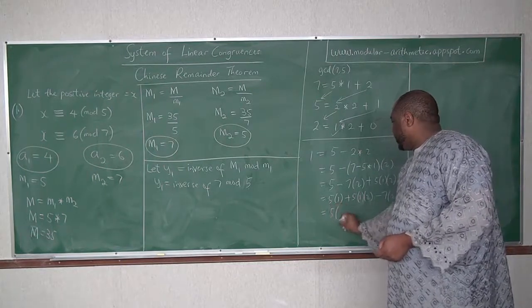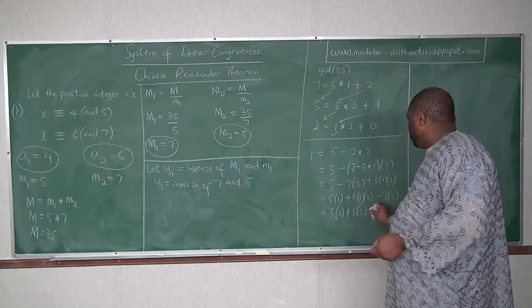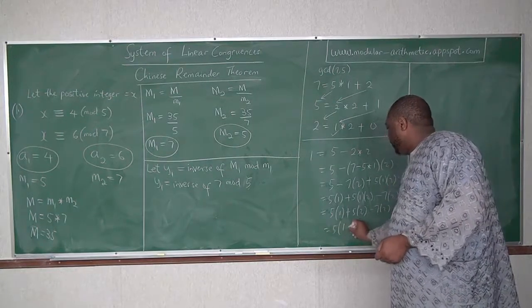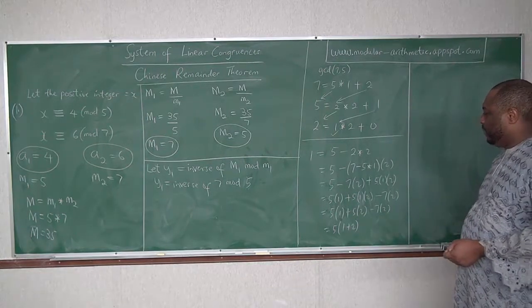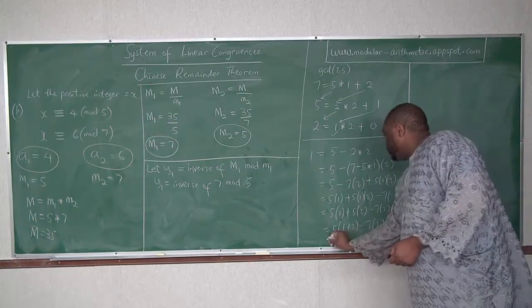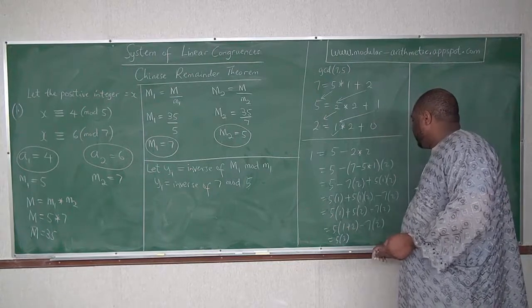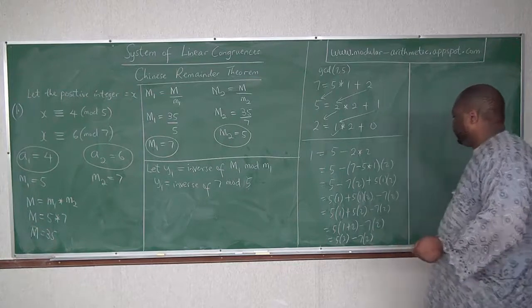So this is 5 times (1 plus 2) minus 7 times 2. So this is 5 times 3 minus 7 times 2.